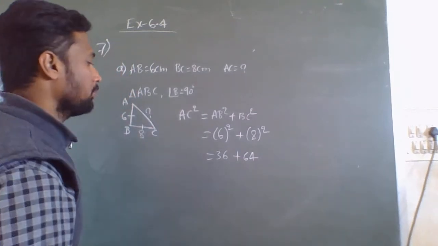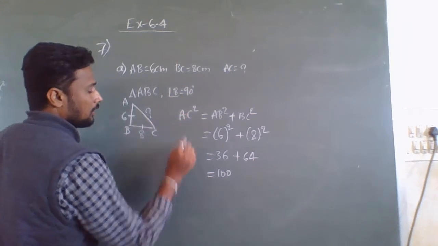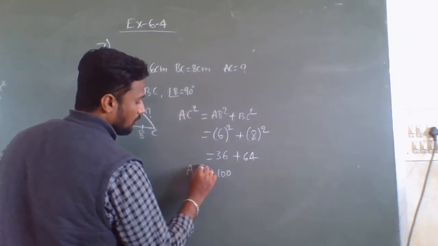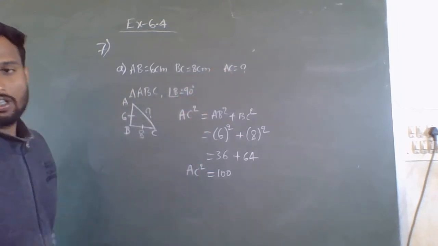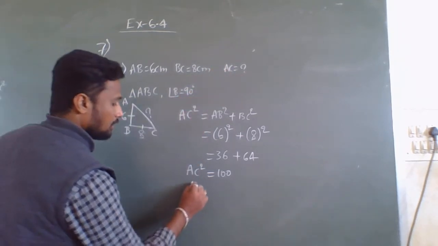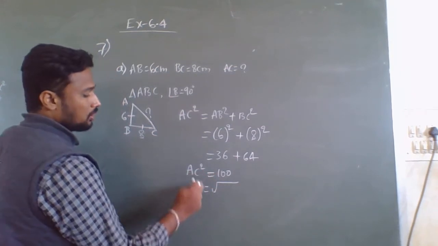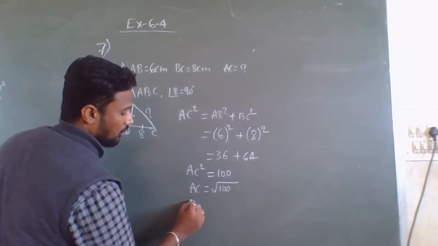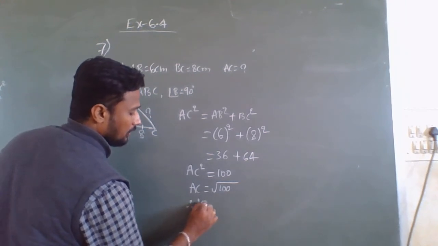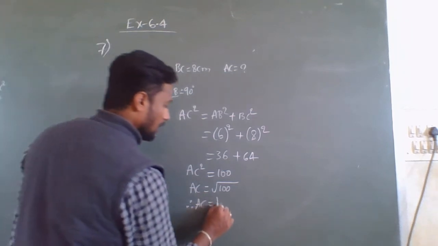So 36 plus 64 means what you will get? 100. This 100 is equal to AC square. But here they are asking the value of AC. So AC should be equal to, if I remove this square, square root of 100. Therefore length of AC is equal to, what is the square root of 100? 10 centimeter.